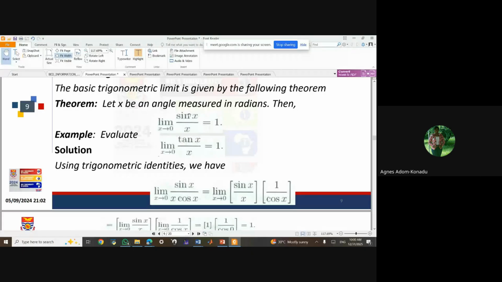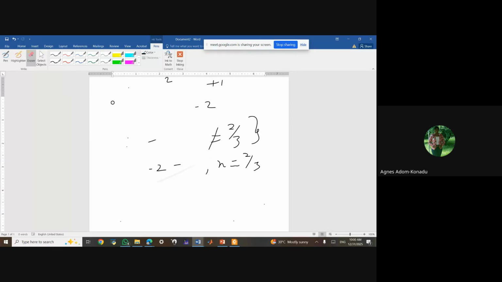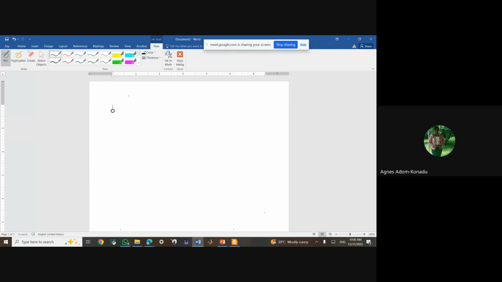Given this theorem, we want to find the limit as s approaches 0 of tan x over x. So we have this theorem for the trig, and we are using it. The theorem says that the limit as s approaches 0 of sin x over x is equal to 1.